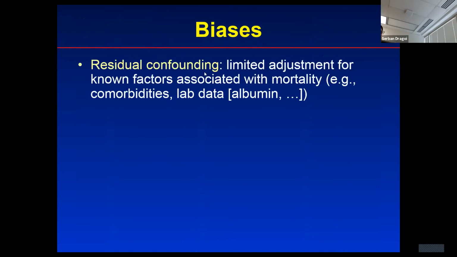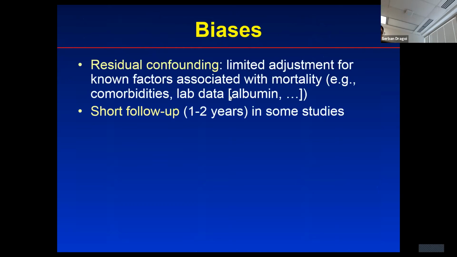There are biases: residual confounding, limited adjustment for known factors associated with high mortality, and lab data associated with high mortality. Short follow-up, only 1 to 2 years in some of the studies. Lead time bias, and one important example is our lack of baseline creatinine, we don't know, screening versus, so when you talk about the onset of ESRD, it's a very complex, oftentimes confounded variable.